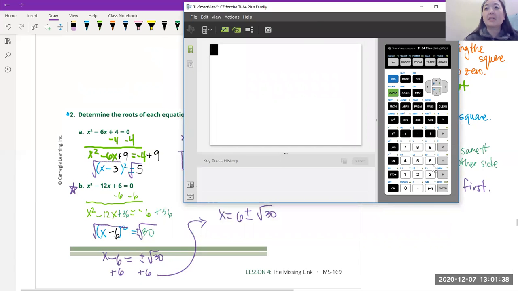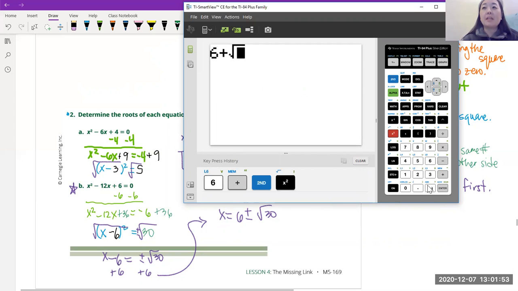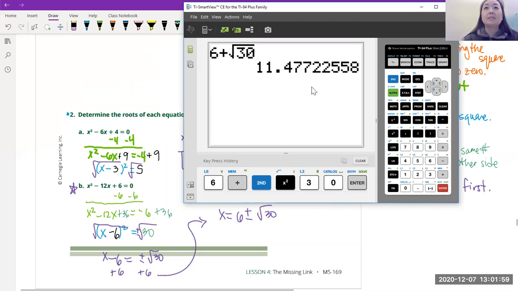It's going to be 6 plus, and I usually just do it in order. So I do the plus first, then the square root. If you look right here, here's a square. The inverse of that is the root, right? That's why it's right above it. So go second square, and then you're going to have 30. I'm going to press enter.